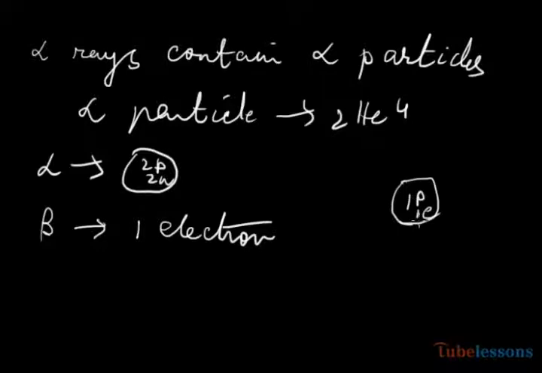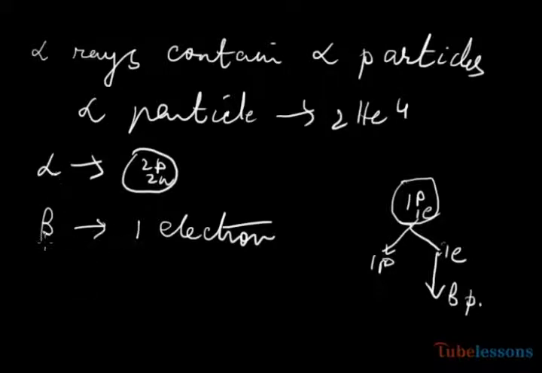They have the same quantity of positive and negative charge. During emission of a beta particle, this neutron decomposes to form one proton and one electron. And keeping the proton, this electron is emitted in the form of a beta particle. That is, one electron equals a beta particle. A beta particle is equivalent to one electron. So a beta particle has the charge of one electron, and it has the mass of one electron.